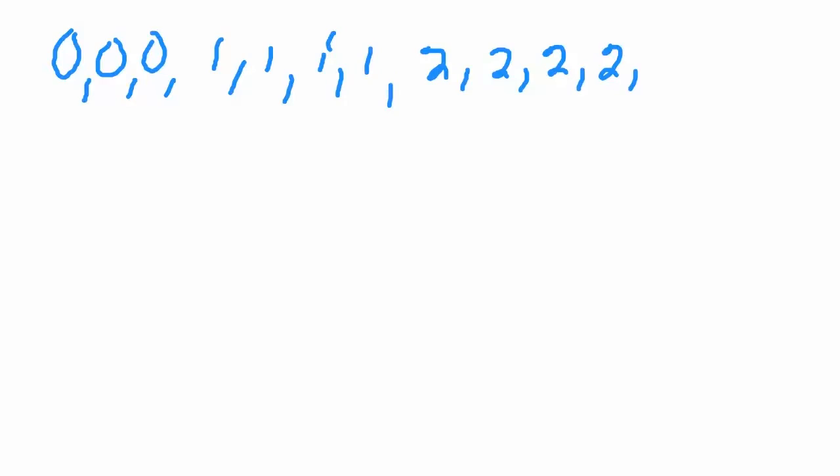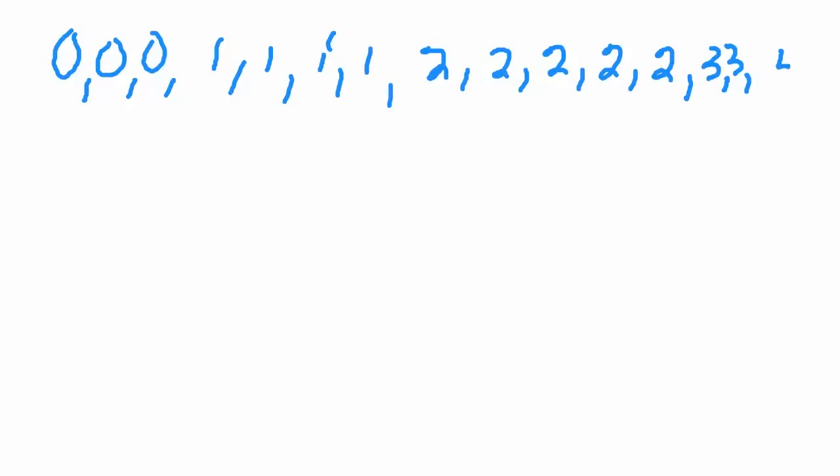And then we had 4 ones. Then we had 1, 2, 3, 4. We had 5 twos. And we had 2 threes and 1 four.